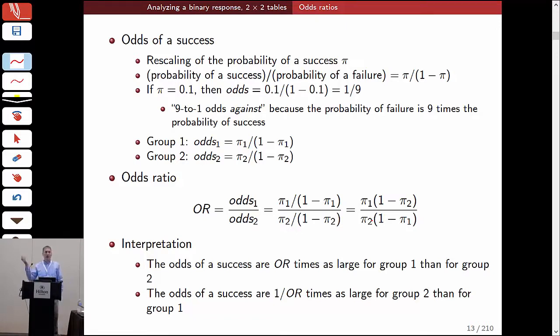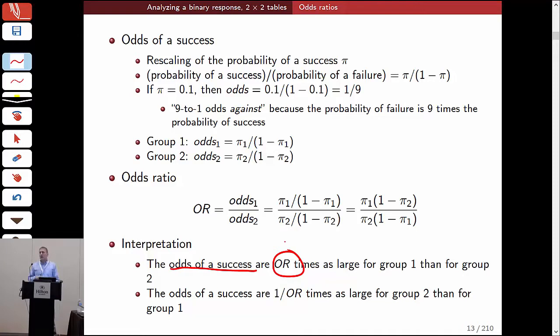Here's a standard one that we like to use: the odds of success are OR times as large for group 1 than for group 2. OR in the end is going to be some number, maybe 5 or 0.5. It all comes down to taking one odds divided by another, and this is just a simple interpretation of that.